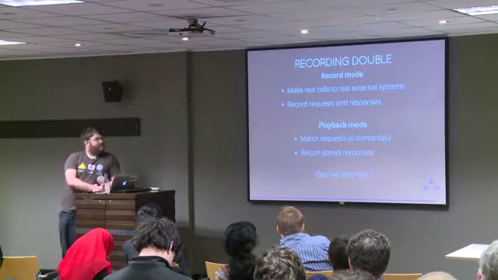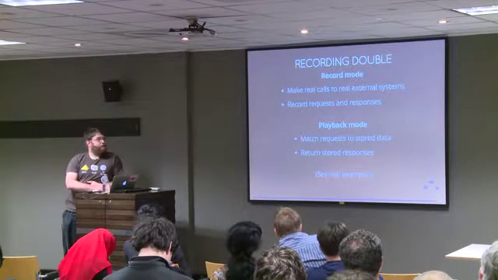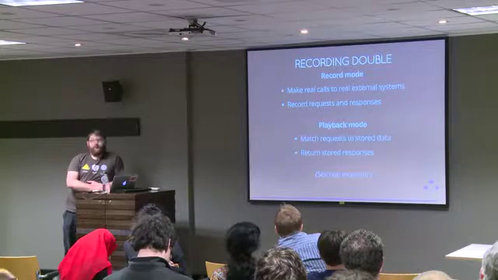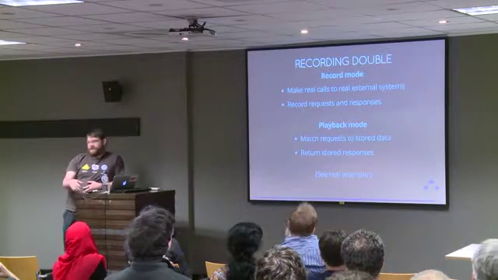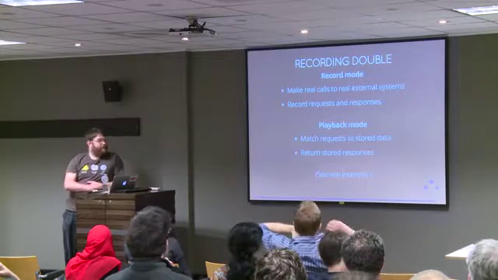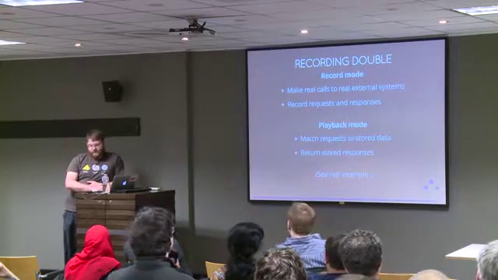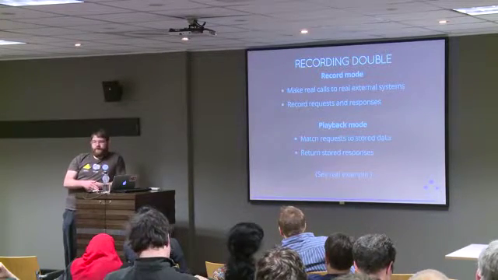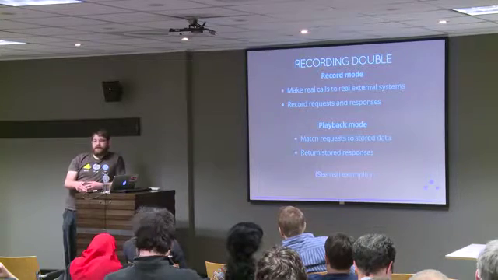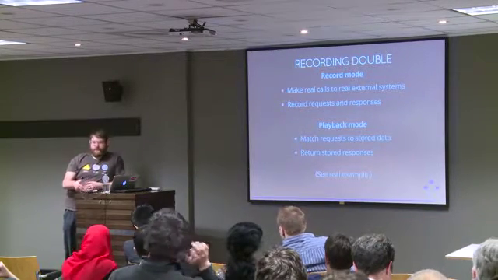And then the recording double I've already kind of explained. It records your requests and responses, or your function calls and parameters and the responses, in record mode. And then in playback mode, it asserts that the request you're making is valid. Sometimes you might want to assert that requests are being made in a particular order.